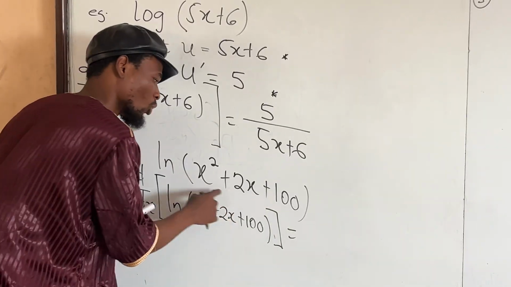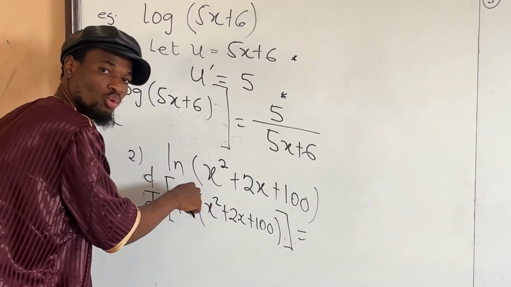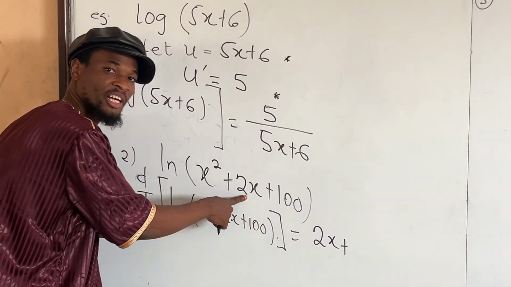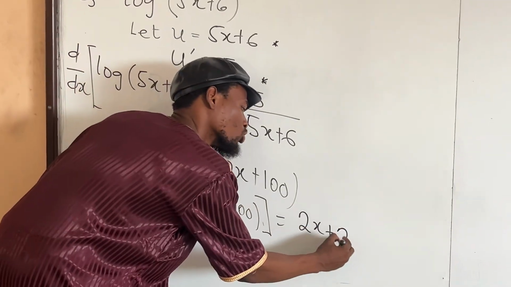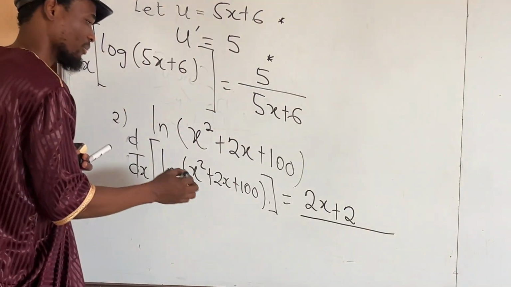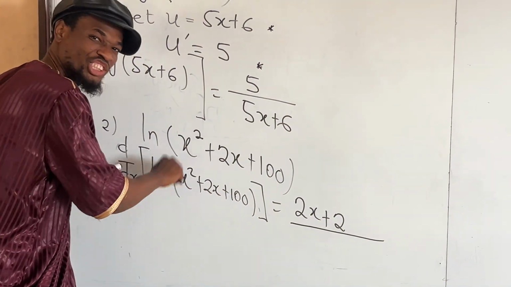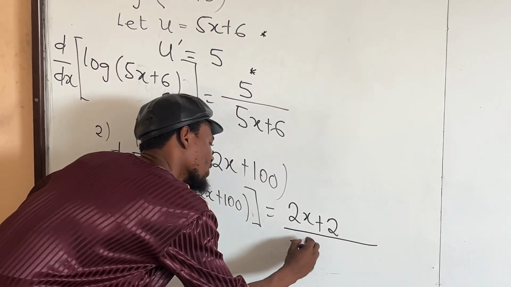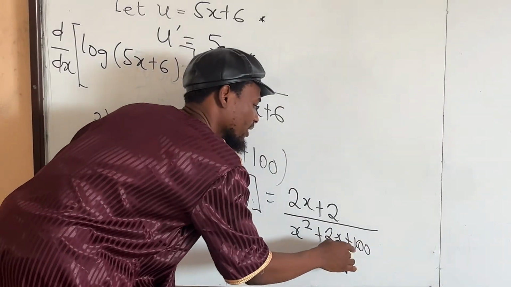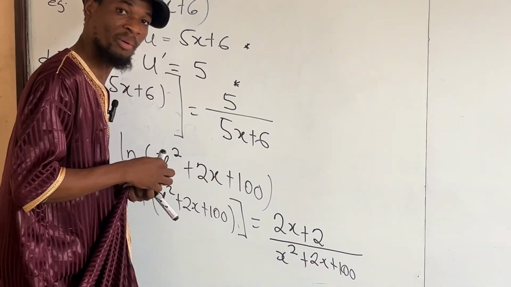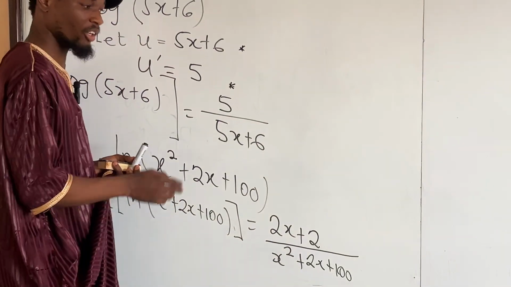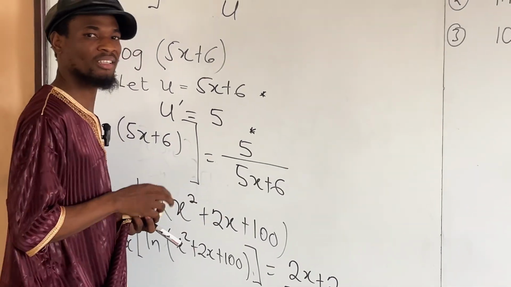For x squared, using the power rule, we get 2x. When you differentiate 2x, we have 2. When you differentiate a constant, we have 0. Then all over the function that is not differentiated: x squared plus 2x plus 100. As simple as that. Viewers, you can factorize over here and you still arrive at the same answer.